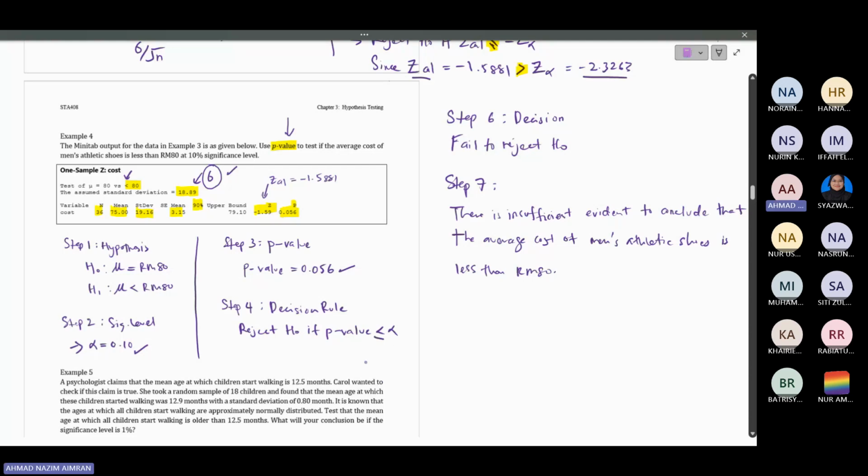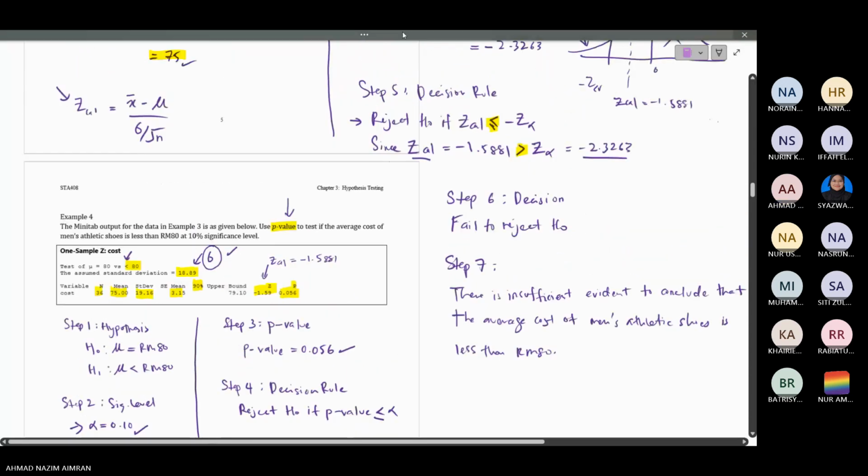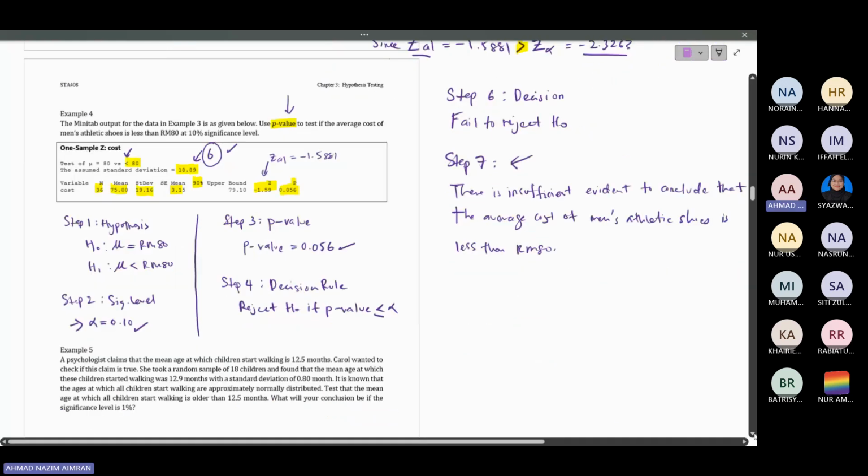And step 5 is the decision. If you use the test statistics, you should have 7 steps altogether. But if you use the p-value, there are only 6 steps.